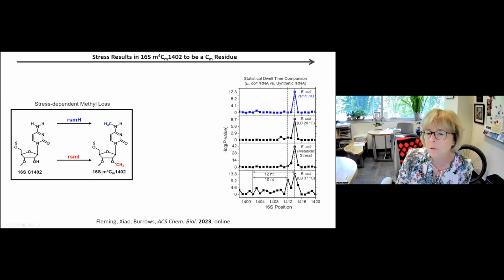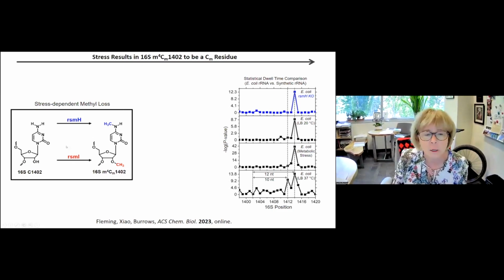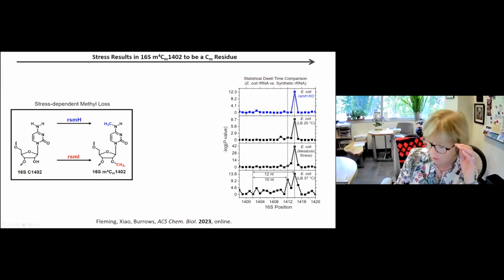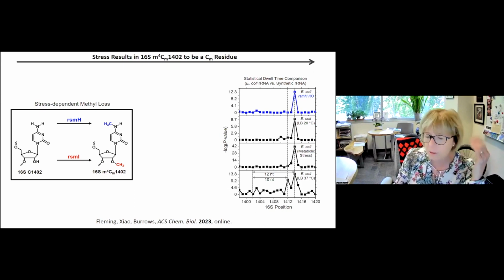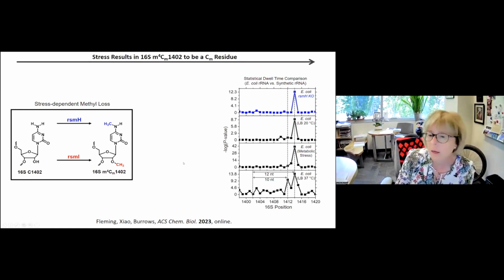And so this double signature, we would like to think is due to the 2 different methyl groups, one on the base possibly being impacted by that phenylalanine that pulls base pairs apart, and the other one maybe is being impacted 2 nucleotides earlier by another residue that contacts the backbone. At any rate, there are 2 signatures here.